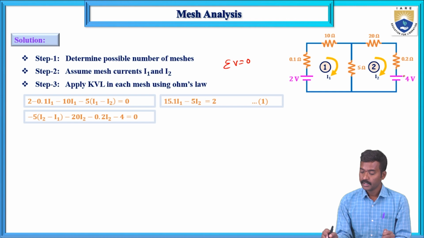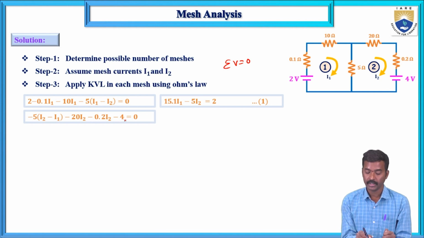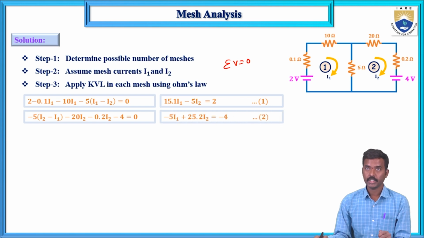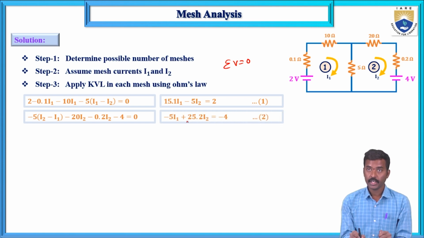This is a rising voltage but in reverse direction, plus and minus; current is flowing from plus to minus. So here you take minus 4, equals 0. The algebraic sum of voltages in a loop equals 0. The simplified equation: minus 5 I1 plus 25.2 I2 is equal to minus 4. This is equation number 2.